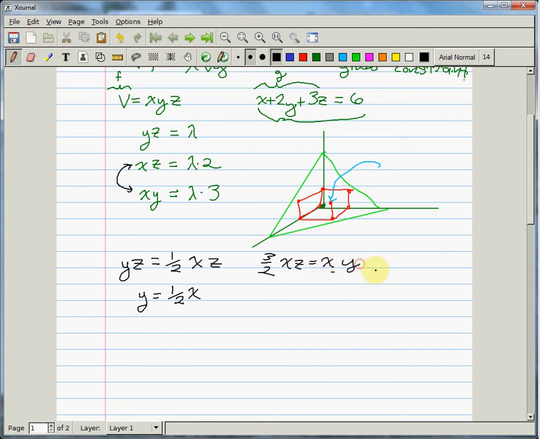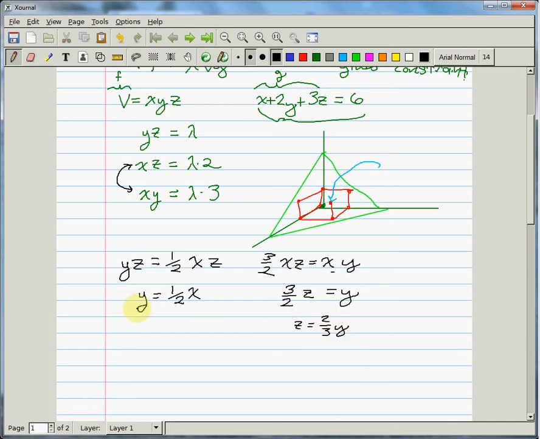Okay. And for similar reasons, it's okay to divide out by x. And so you get 3/2 z is equal to y. So z is equal to 2/3 y.